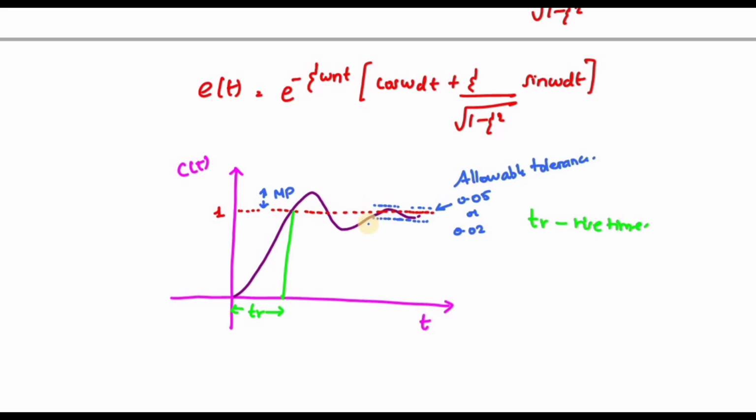Next is Ts. Ts is nothing but the settling time, which is generally 98% of the final value. Next one is delay time. It is 50% of the final value of c of t, and it is represented as td, that is delay time.